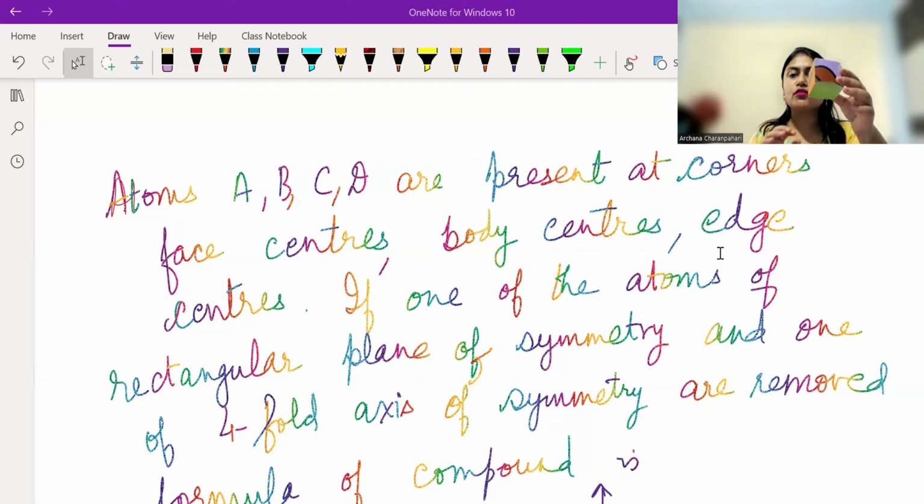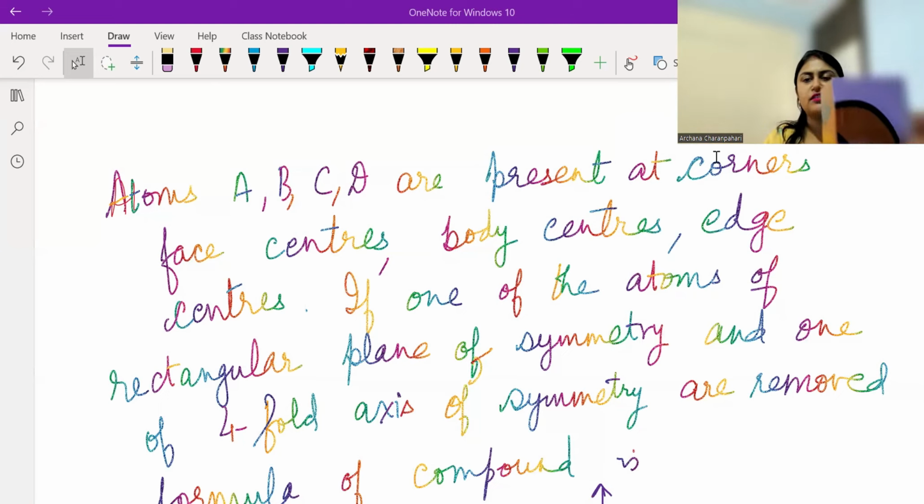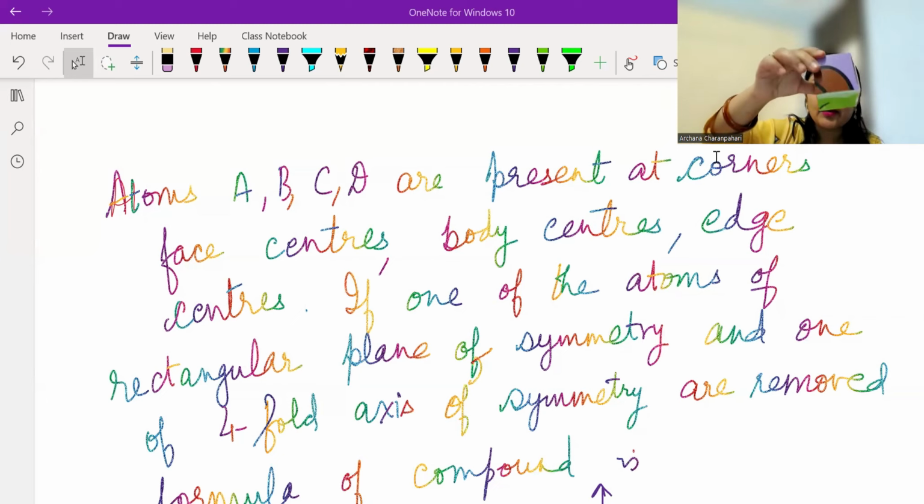At the corners of this cube is present atom A. At the face center is present atom B. At the body center you have C. And at the edge center of this cube you have D. So this is a three-dimensional cube which I am holding, and in order for you to understand, I am giving this example.